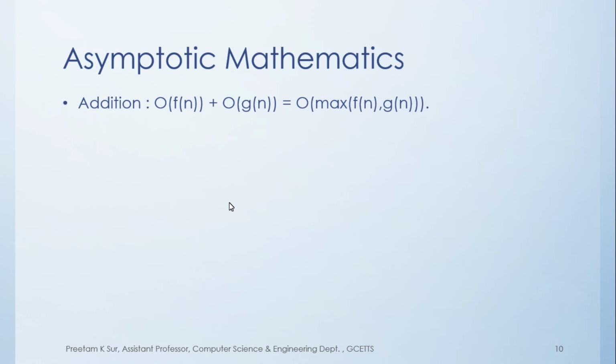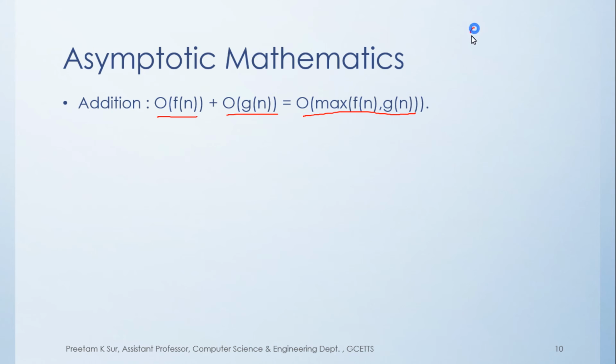So the first one is the addition rule. If we have two big O notations, one is order of fn and another is order of gn, and if you try to perform an addition on them, the resultant function will have order of maximum of fn and gn.